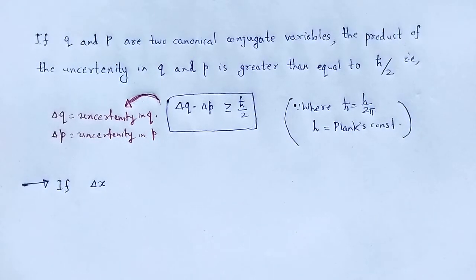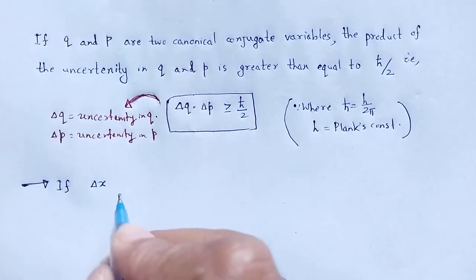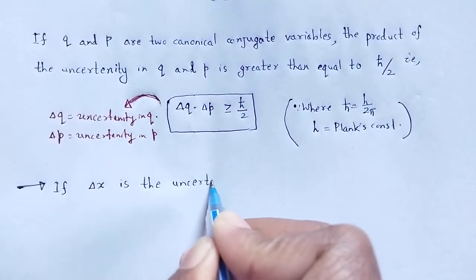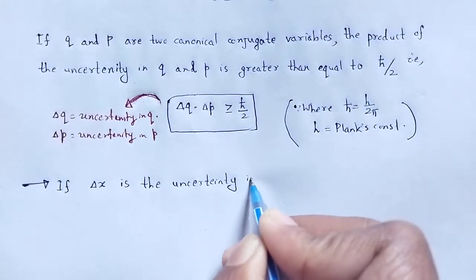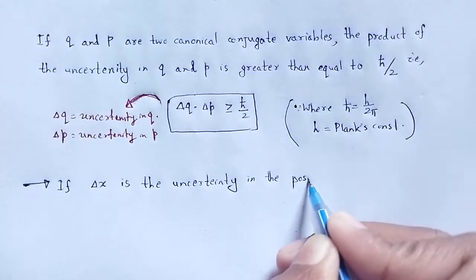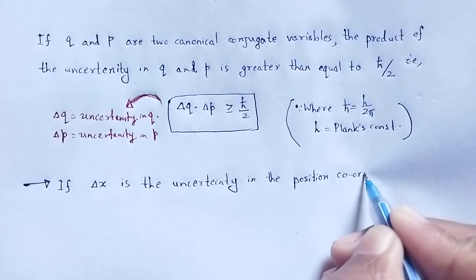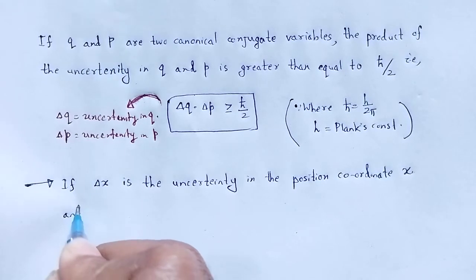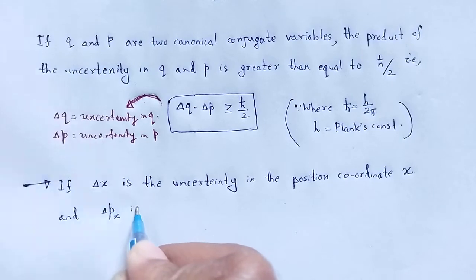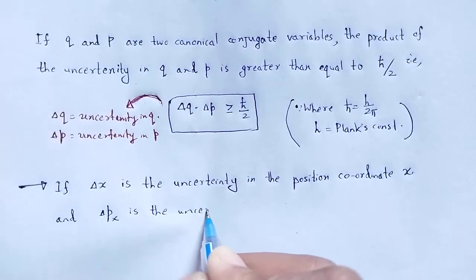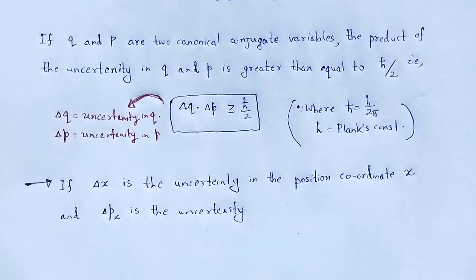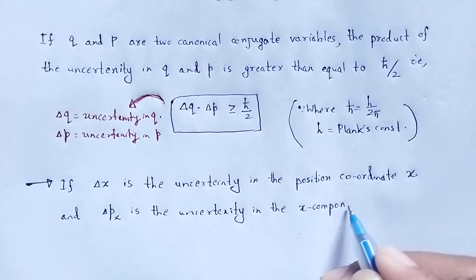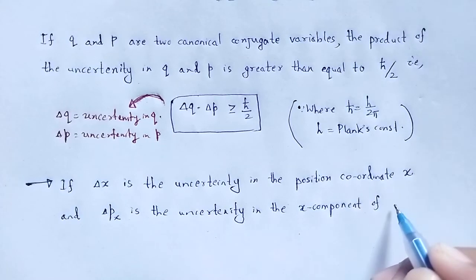Now we define the canonical conjugate variables. Let del x be the uncertainty in the position coordinate x, and del px be the uncertainty in the x component of momentum.